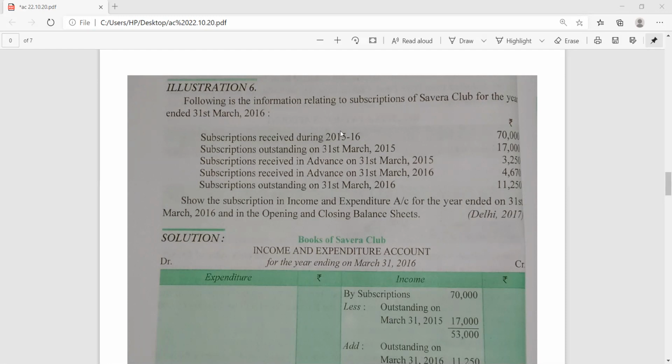Let's go to illustration number 6, in which you will come to know how the subscription is to be dealt with in case of accounts for not-for-profit organization.